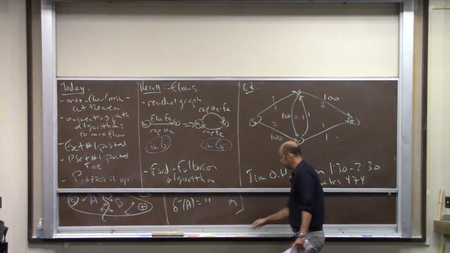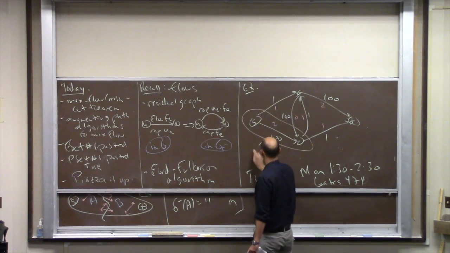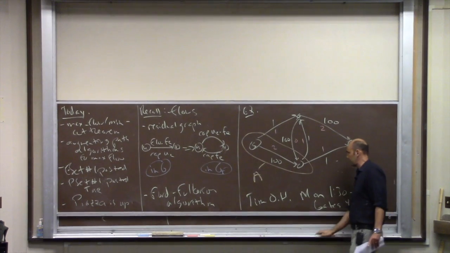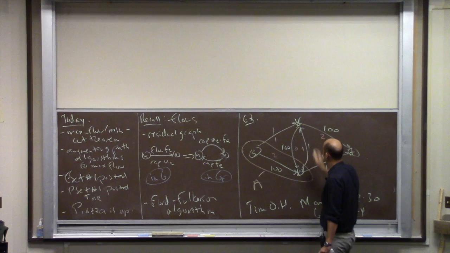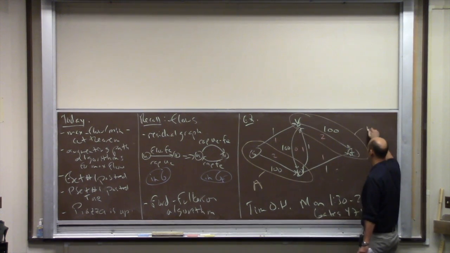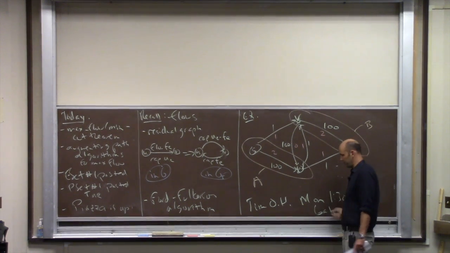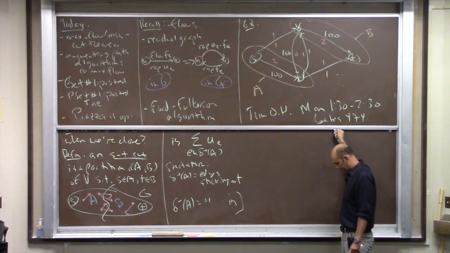For example, suppose we take A to be the vertices S, let's call this W, let's call that V. Suppose we take A to be S and W, and we take B to be V and T. So what's the capacity of that cut?